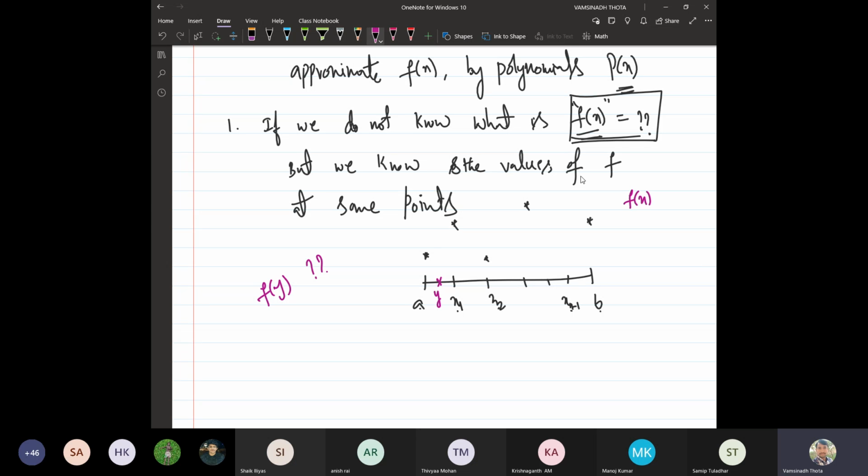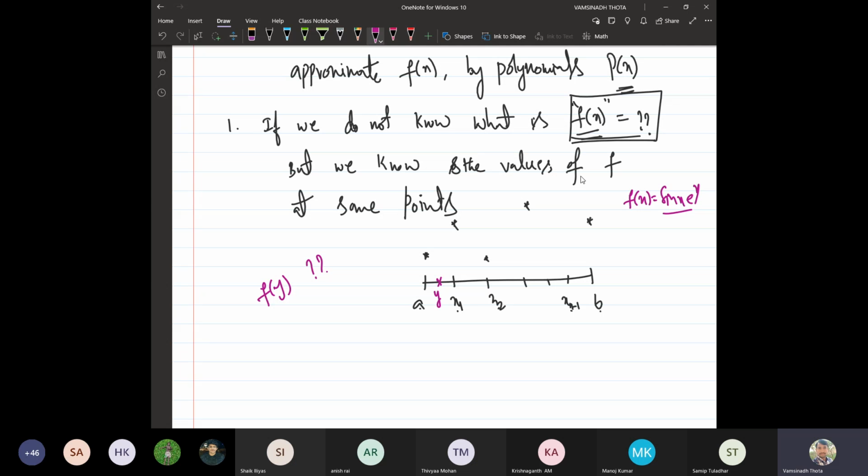Suppose f of x were given as sin x times e to the power x, we could simply use this function to evaluate f at the point y. But this is not the situation here.